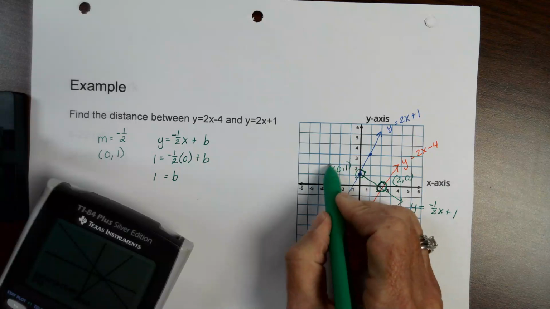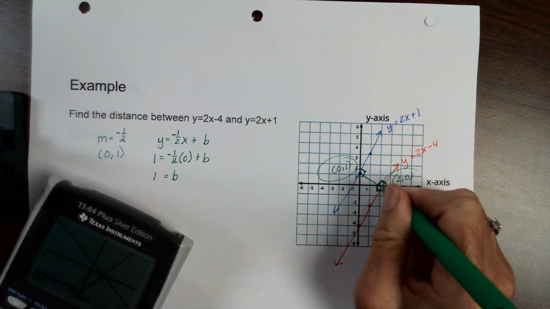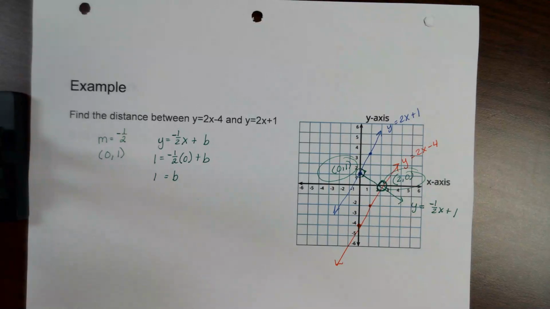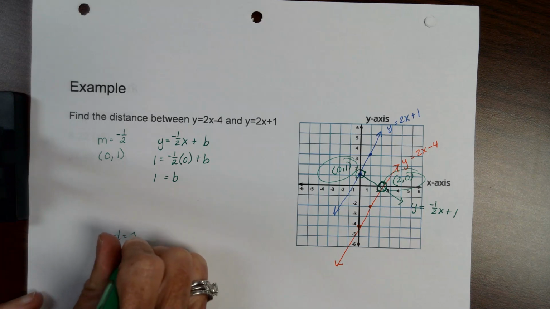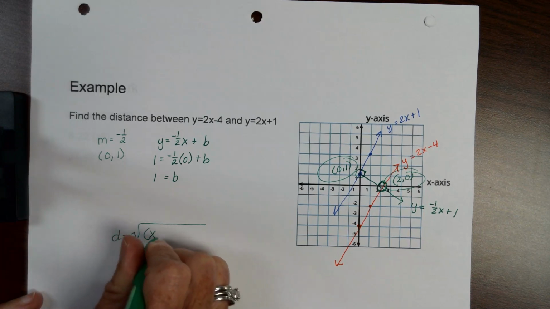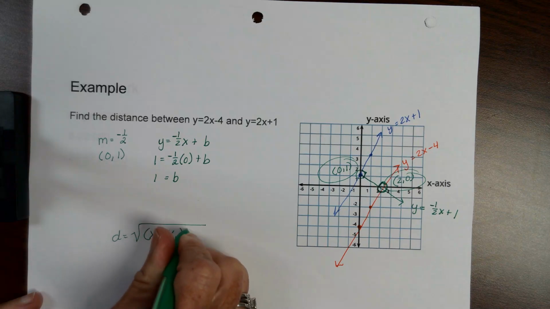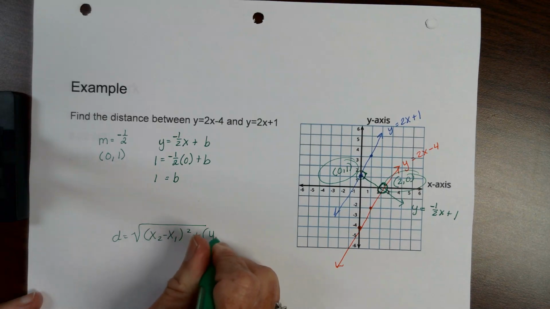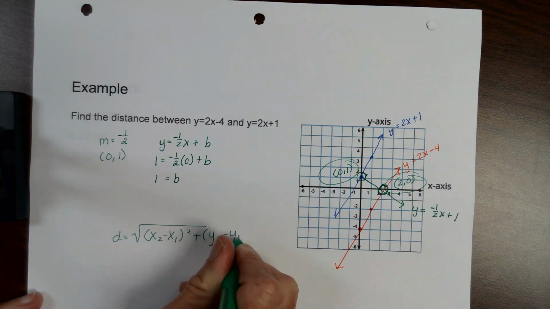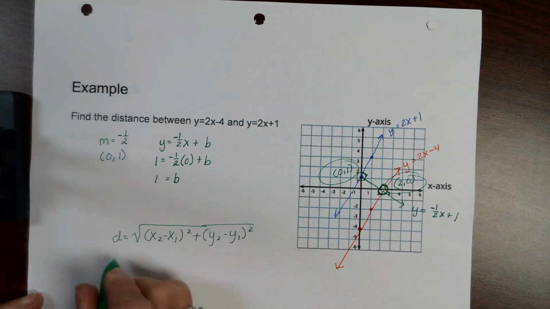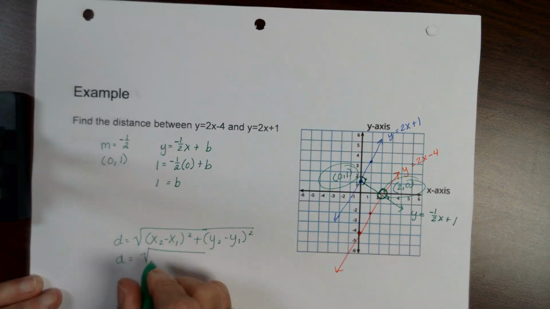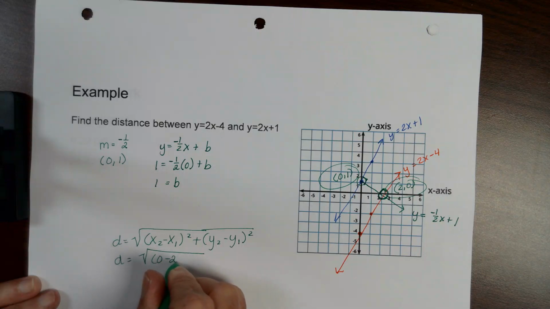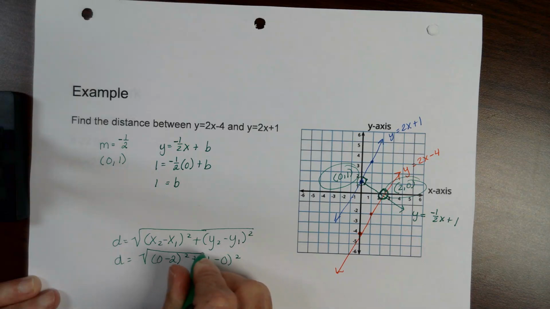Then I'm going to use this point and this point and plug them into the distance formula. I can do it on my calculator, or if you do it by hand, remember the distance formula is the difference in the x's squared plus the difference in the y's squared. So in this particular situation, I have 0 minus 2 squared plus 1 minus 0 squared.